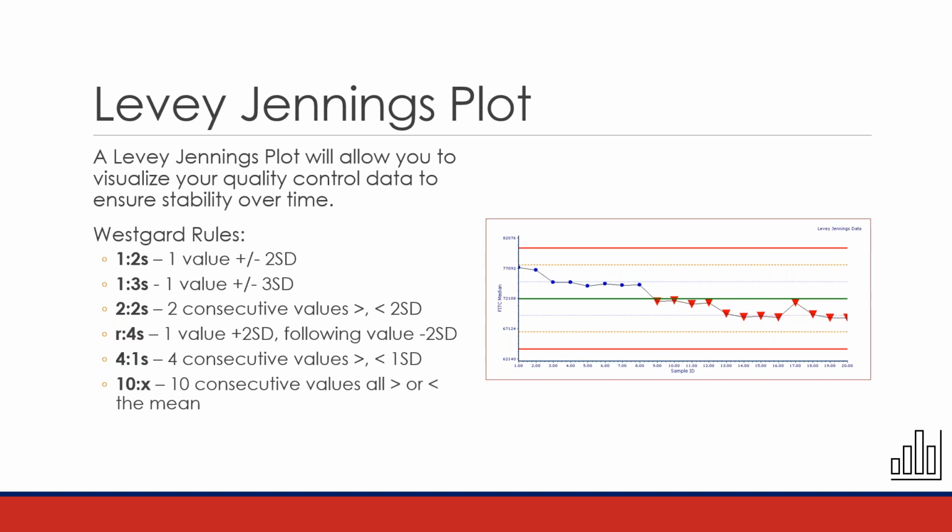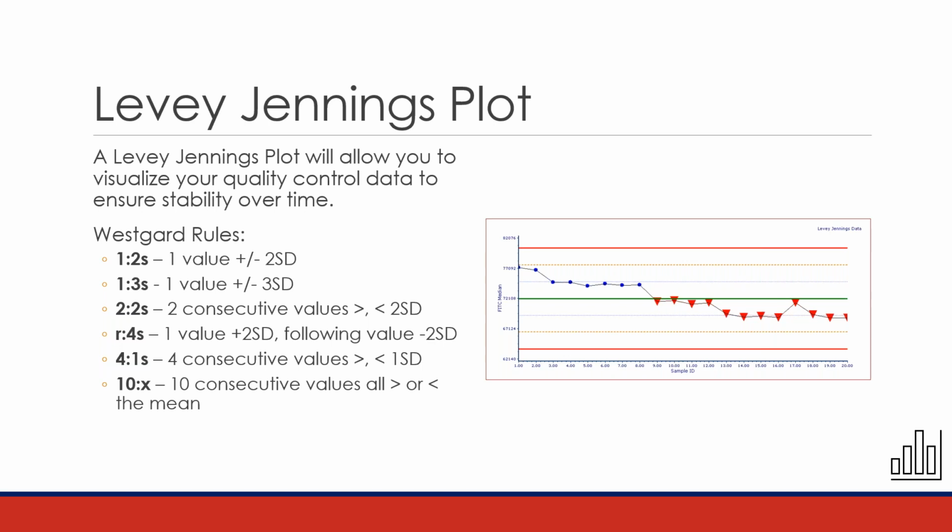When you're looking at data in a Levey Jennings plot, there are typically various rules that can be used to display data points that are in control or out of control. Those are called the Westgard rules, and there are various Westgard rules to highlight different data points depending on how far away they are from the mean.